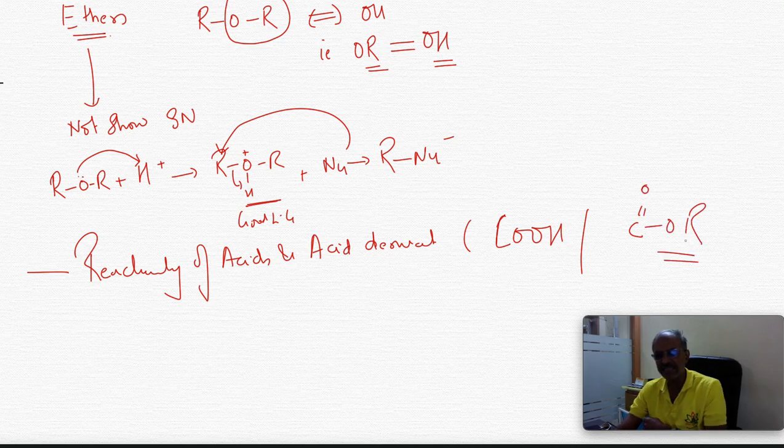Ester is an acid derivative, right? So for acid or acid derivative, in both scenarios we have C double bond O. This C double bond O is nothing else but the acyl group. So I can also say reactivity of acyl derivatives.